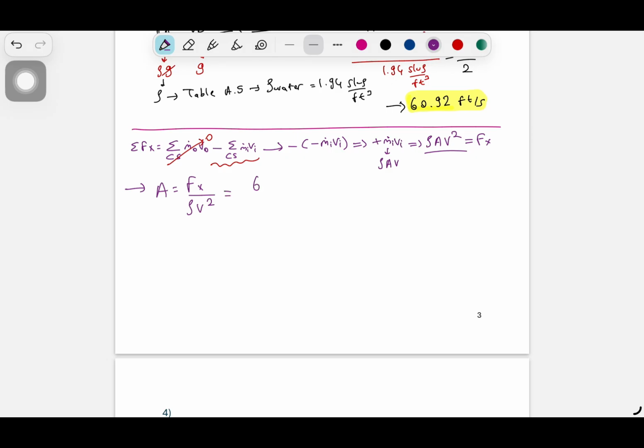And F is 600 pound force. Rho is 1.94 slug over cubic feet times the velocity we found, 60.92 feet per second squared.